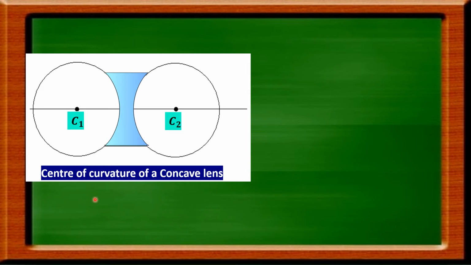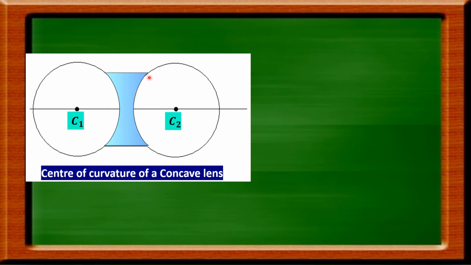See here. Here I am showing you the center of curvature of a concave lens. This one is the concave lens, double concave lens. Let us take the first curved surface. This curved surface is the part of this sphere.